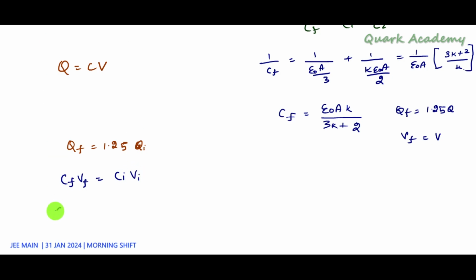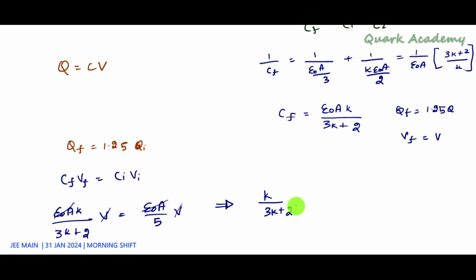And this one is epsilon naught A K divided by 3K plus 2 into V, which is equal to epsilon naught A by 5 V. So this V, epsilon naught A, we can cancel. We are left with K by 3K plus 2. Oh, sorry, I made a mistake.